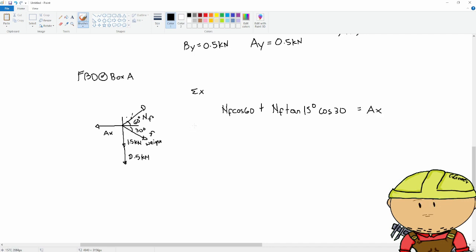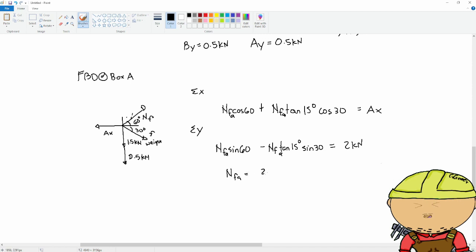Now for Y: NF sine 60, minus NF tangent 15 degrees for the friction, sine 30, that's because it's looking downward, is equal to, let's specify this as NFA. So NFA tangent 15 sine 30 is equal to 2 kilonewton. So we can get NFA here.